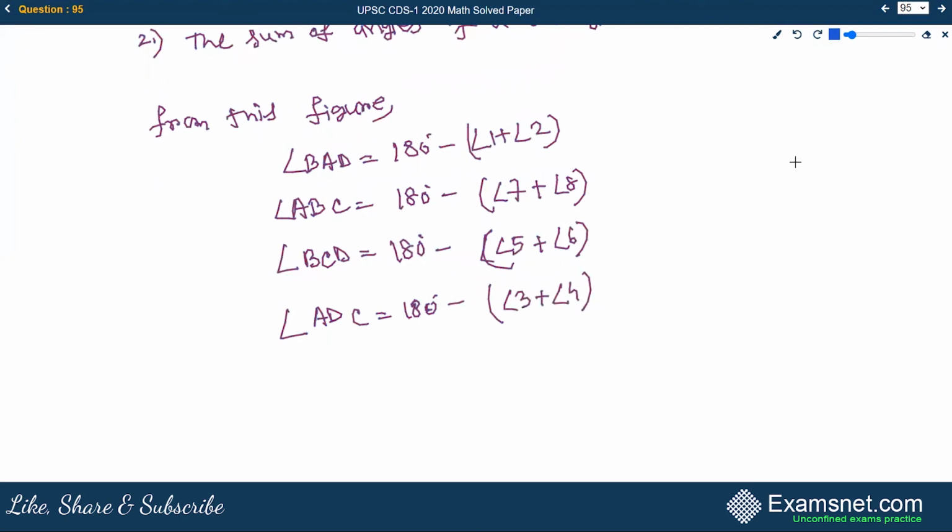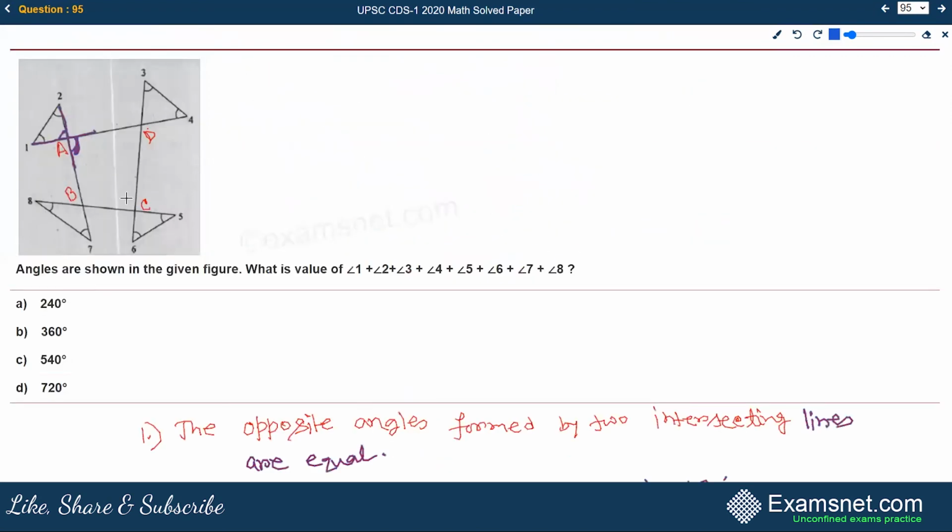Correct. Now since this ABCD is a quadrilateral, always the sum of interior angles of a quadrilateral is 360 degree. Correct.